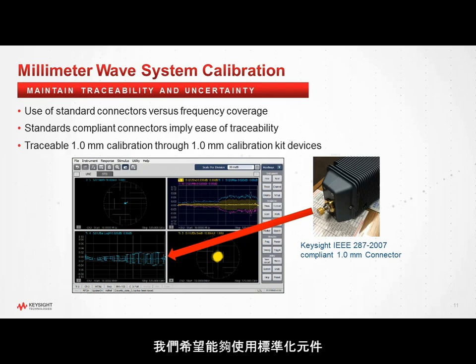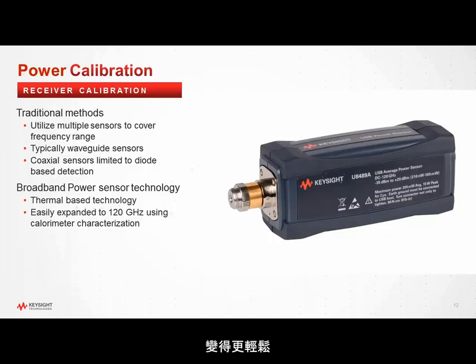What you want to do is stay with standardized components, like in this case, we're using a 1 millimeter connector, which allows us to get standard compliant measurements, which implies ease of traceability. And also with that, you get calibration kits and devices that can then help you reduce the amount of uncertainty that you're contributing to your device, because there are specified performance characteristics around this particular connector that make it much easier to get good quality measurements on these systems.